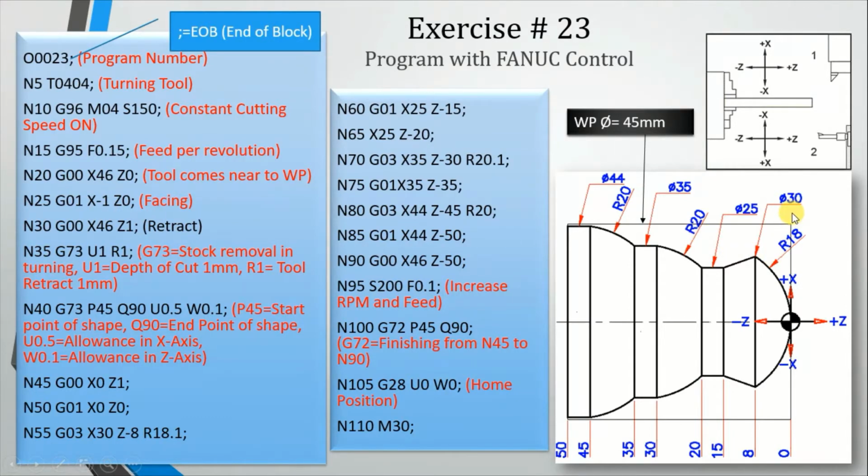It means in the next line the tool will come here and do the facing, here is our 0 and it will go until 1 millimeter down and clear the face, and it will be our facing. Next step, we have to go back up, so we can write G00 X46 Z1. So the tool will go like this rapidly and it will stay here, retract.